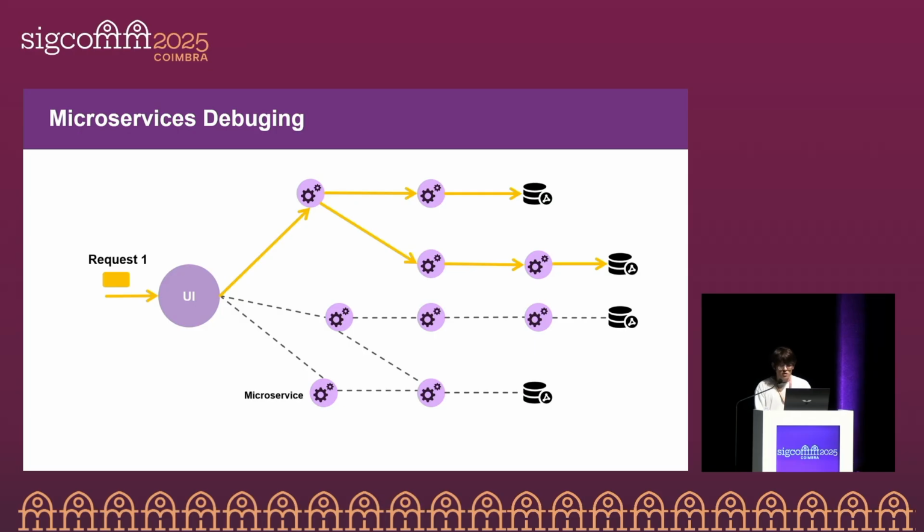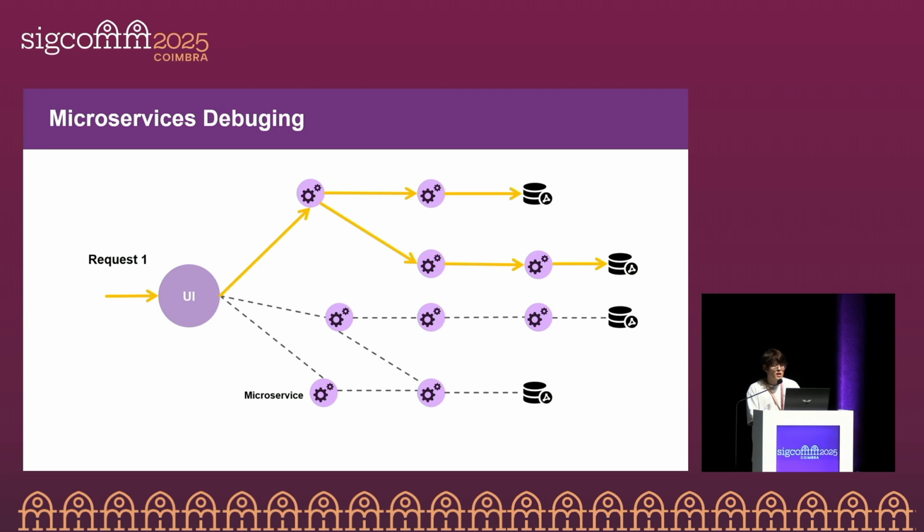Now, picture a microservice system as shown in this slide. It handles a large number of concurrent requests. Among them, the execution flow of request 1 is shown here. To successfully return a response, a single request often requires coordination among dozens or even hundreds of components.